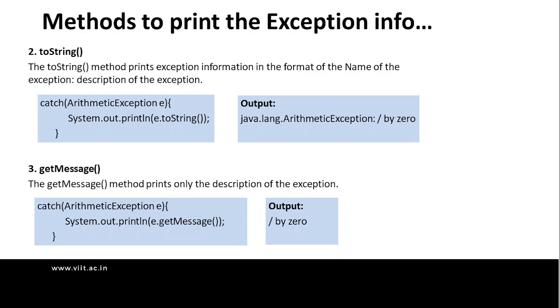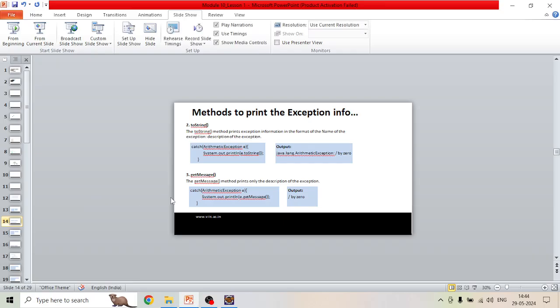Then, methods to print the exception information. Another method is toString. This toString method prints exception information in the format of the name of the exception and the description of the exception. For example, e.toString will give you output as java.lang.ArithmeticException. In this case you need System.out.println.